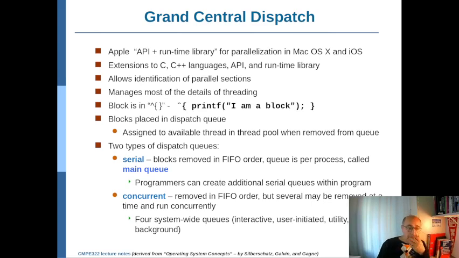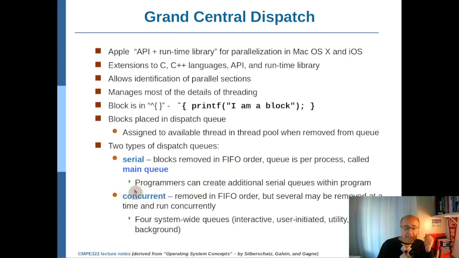Now, there are 2 types of dispatch queues. One is called serial, and the other one is for concurrent tasks. For the serial queue, the blocks are removed in first-in, first-out order, and this queue is per process. Therefore, it's also called the main queue, and programmers can create additional serial queues within their programs.